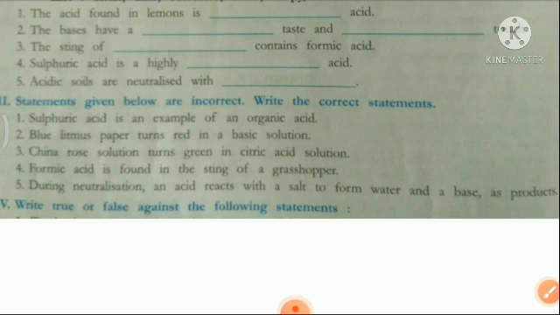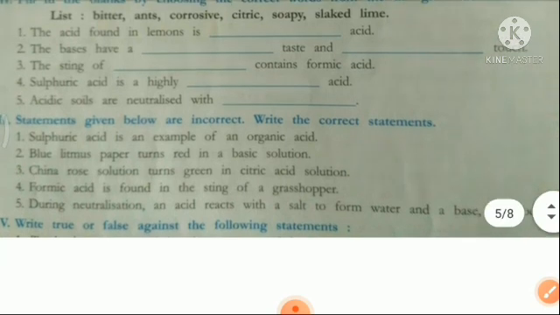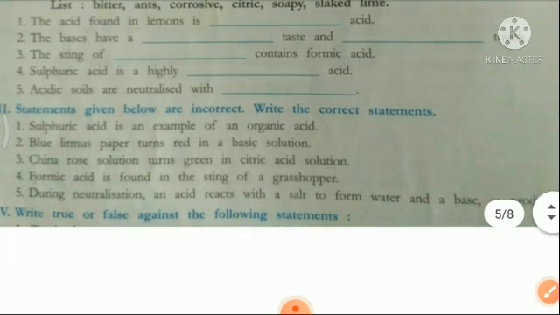Okay, now number 3, cyanurose solution turns green in citric acid solution, but we have seen that cyanurose solutions are generally light pink in color, and they turn deep pink in color when put in acidic solution, and they turn green when put in basic solution.